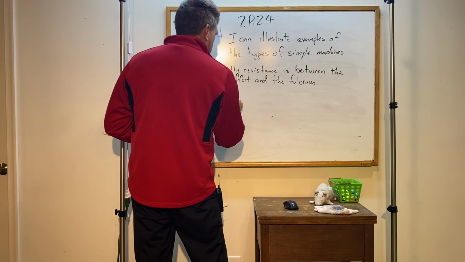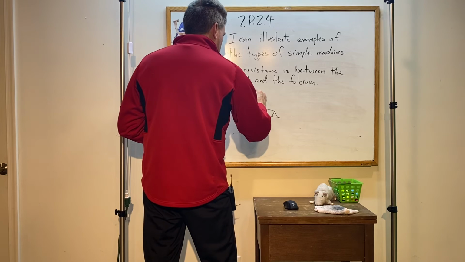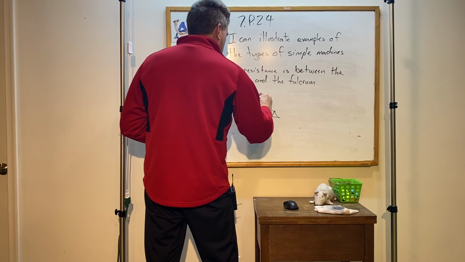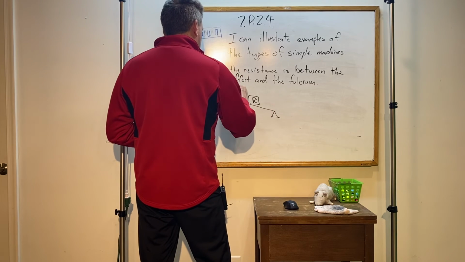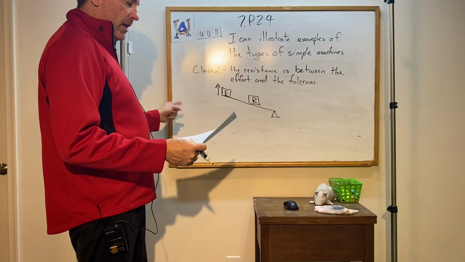So, if I've got an object that looks like this, this is a class 2.